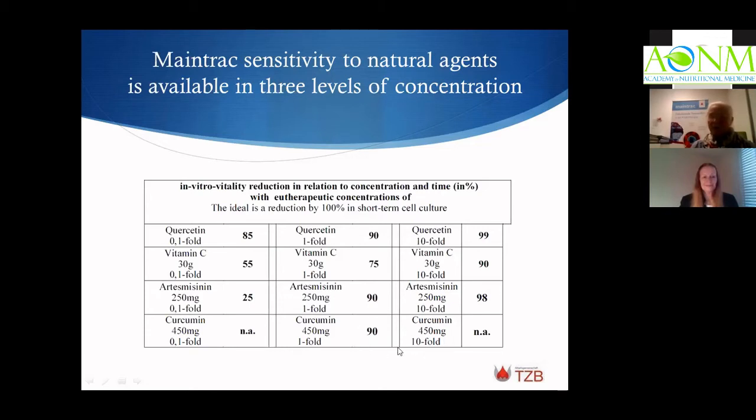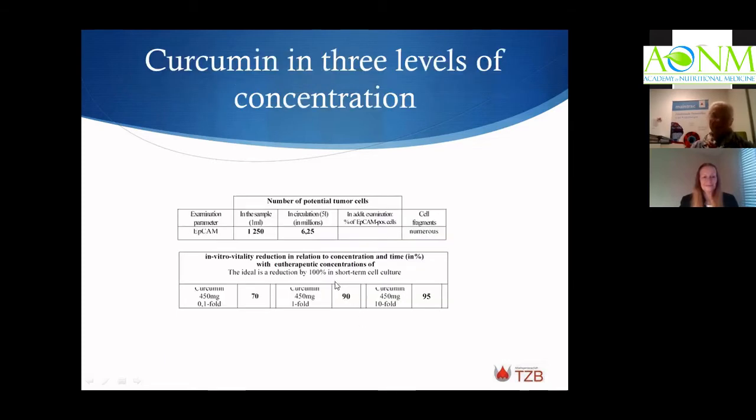Curcumin didn't work with the other concentrations in this patient, but we have here another patient where we could show that already at the 0.1-fold concentration, there was a good response, a good cytotoxic response, and that even further increases.